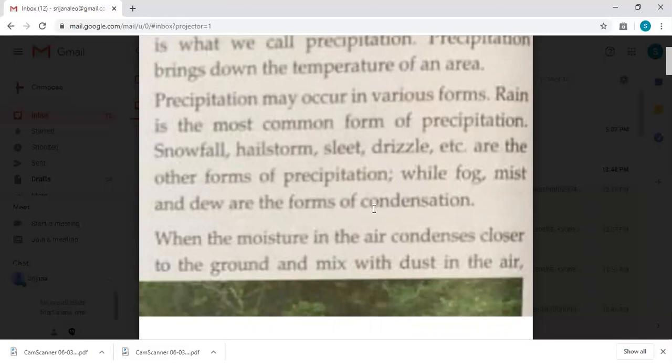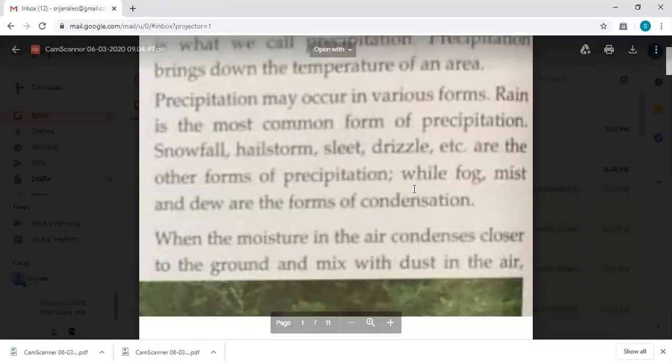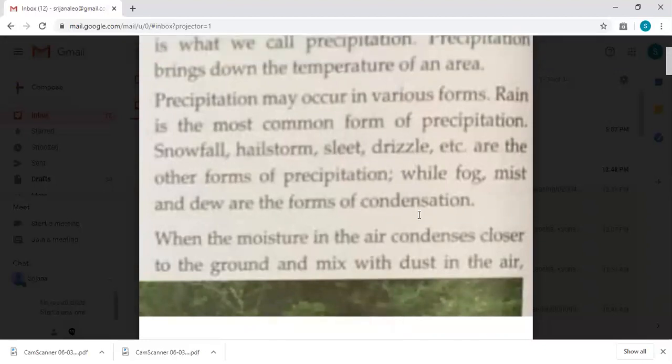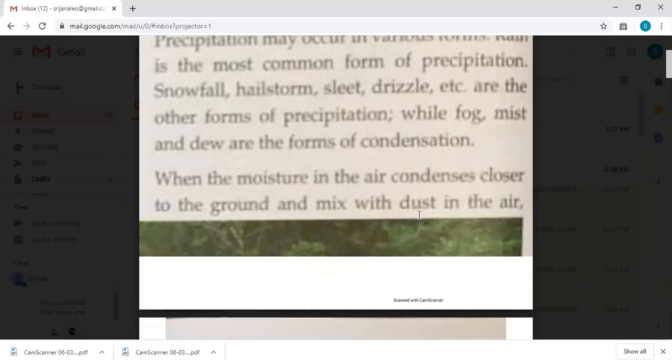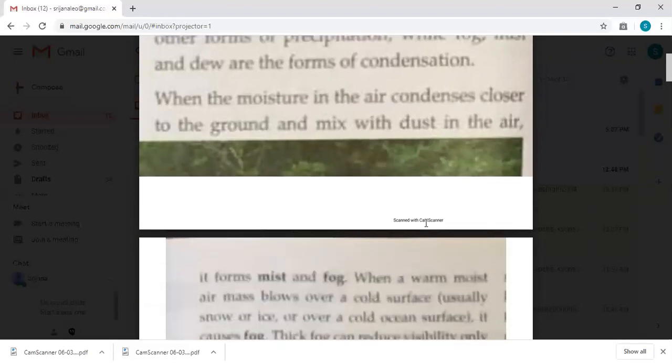Precipitation is when the cloud can no longer hold any more water vapor and it falls down as droplets, in the form of snowfall, rainfall, sleet, drizzle and hailstone. When the moisture in the air condenses closer to the ground and mixes with dust in the air, it forms mist and fog.